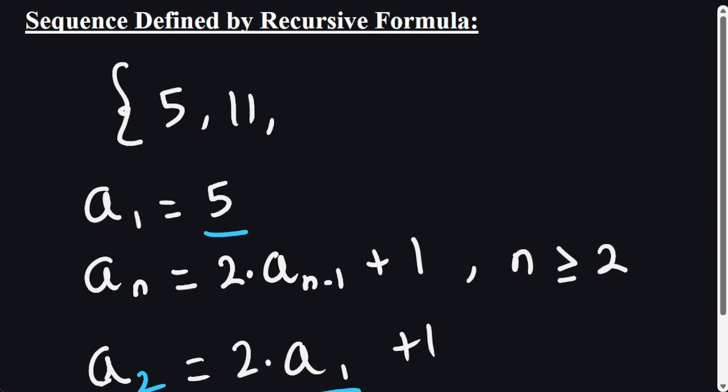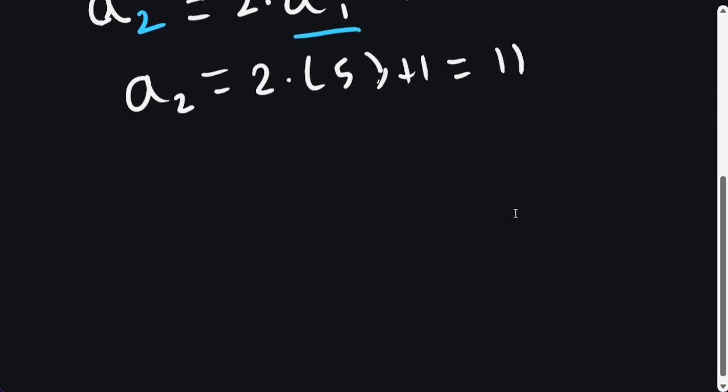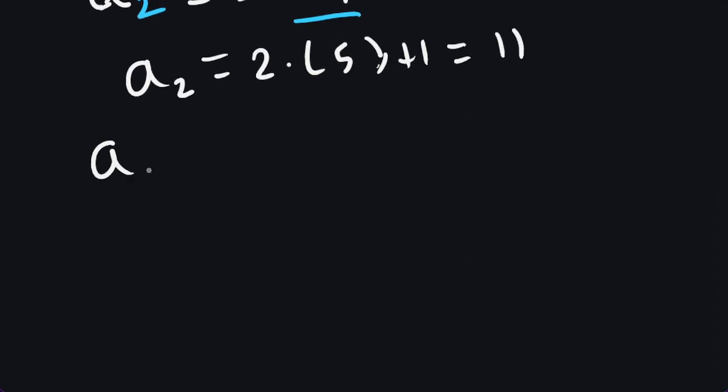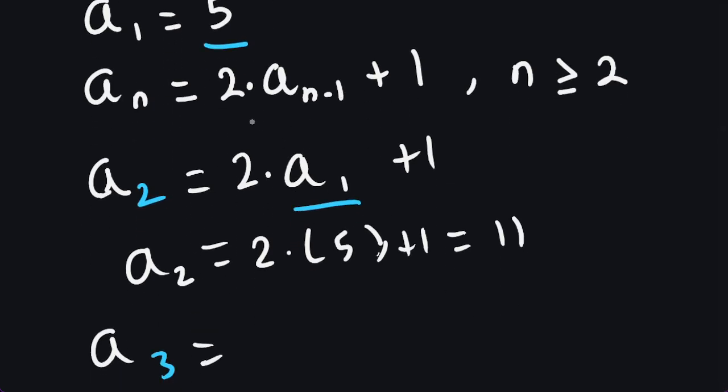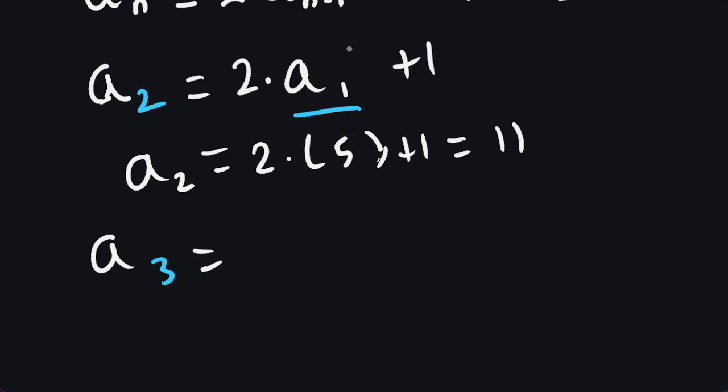Let's go through a couple more. So a sub 3, again using the recursive formula. Up here, a sub n is 2 times a sub n minus 1 plus 1. So a sub 3 is 2 times a sub 3 minus 1 plus 1. 3 minus 1 is 2, so this is a sub 2.